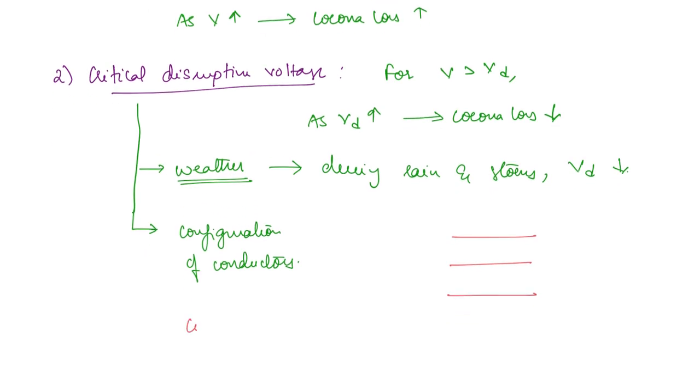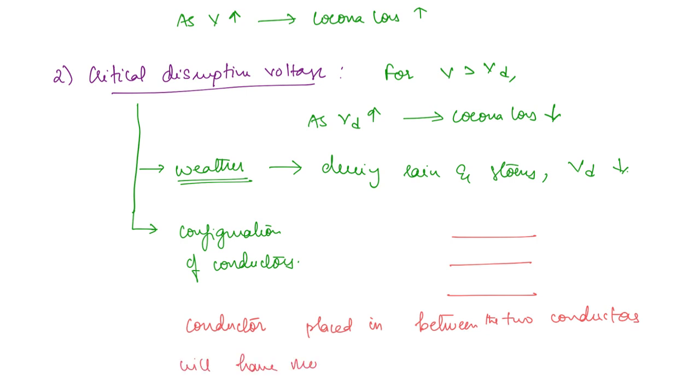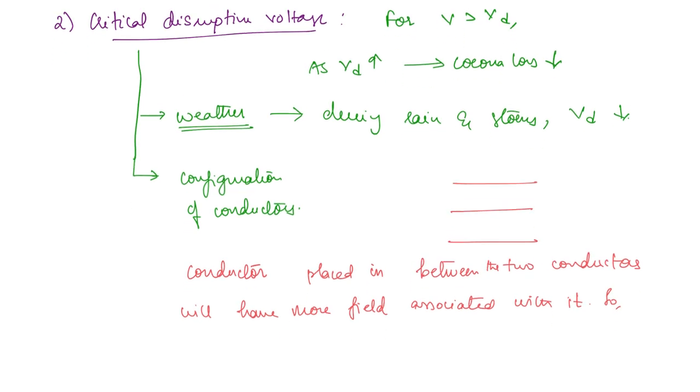So you can write down here: the conductor placed in between 2 conductors will have more field associated. When there is more field, there is more stress, so the critical disruptive voltage is going to be reduced.